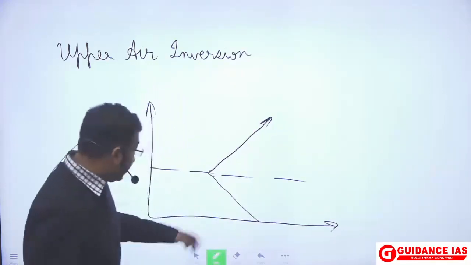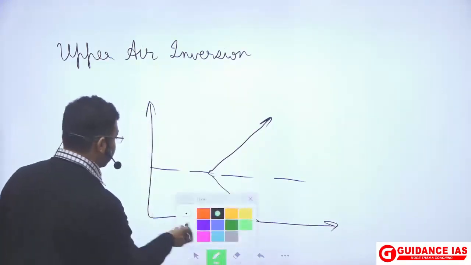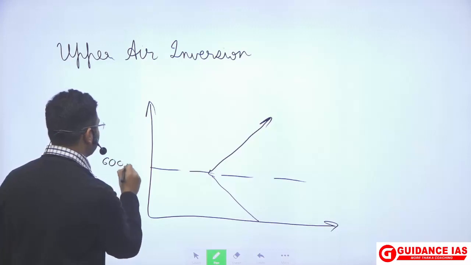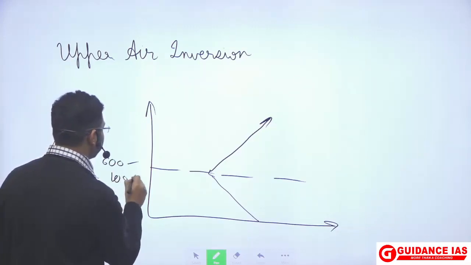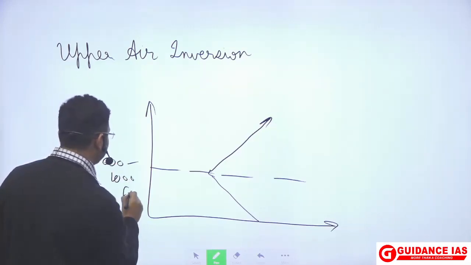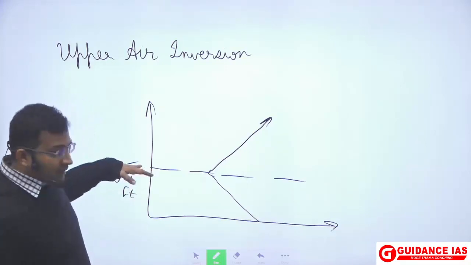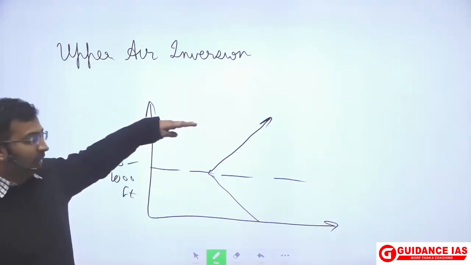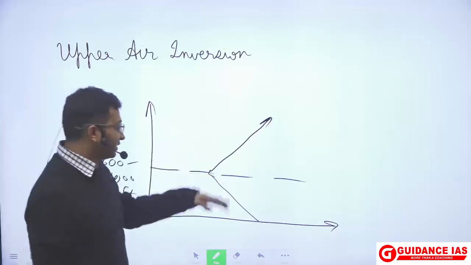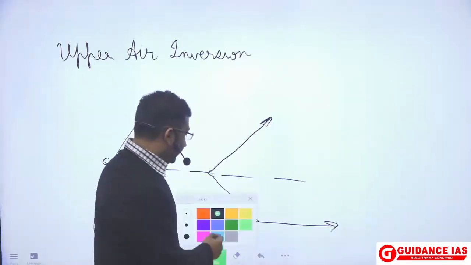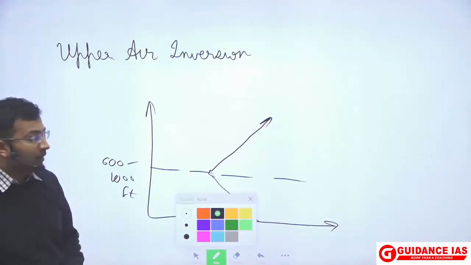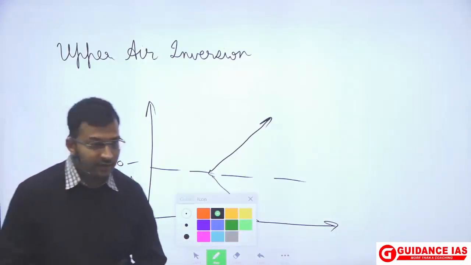So here you can observe it usually happens at somewhere around, let's say, 600 to 1000 feet. From this height onward, the temperature goes on increasing. So this is called as the upper air inversion. Okay. I hope the difference is clear.